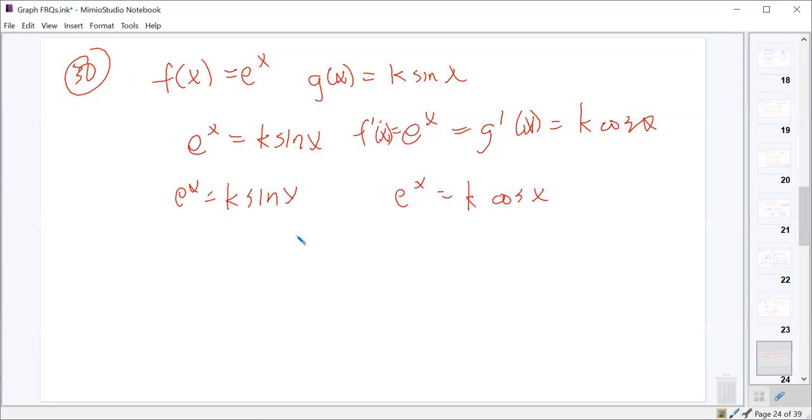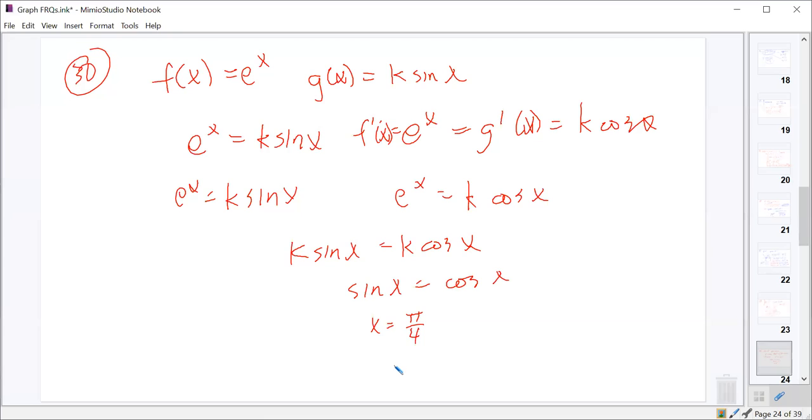Well, if they both equal e to the x, that just means it happens when k sine x equals k cosine x. And we can just divide by the k's to say this is true when sine x equals cosine x. And that should happen when x equals pi over 4.